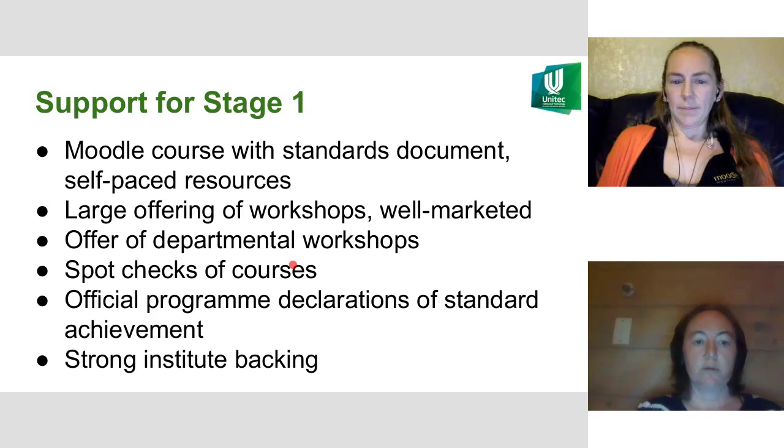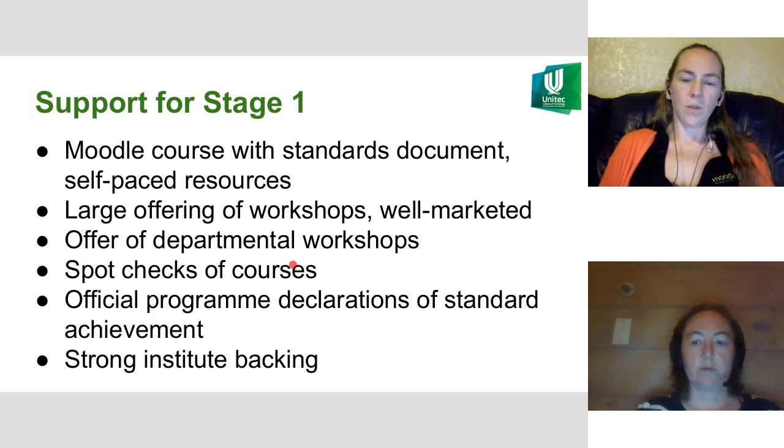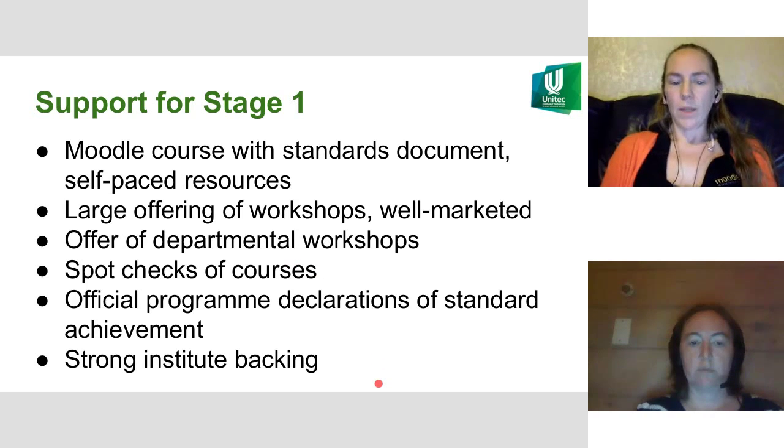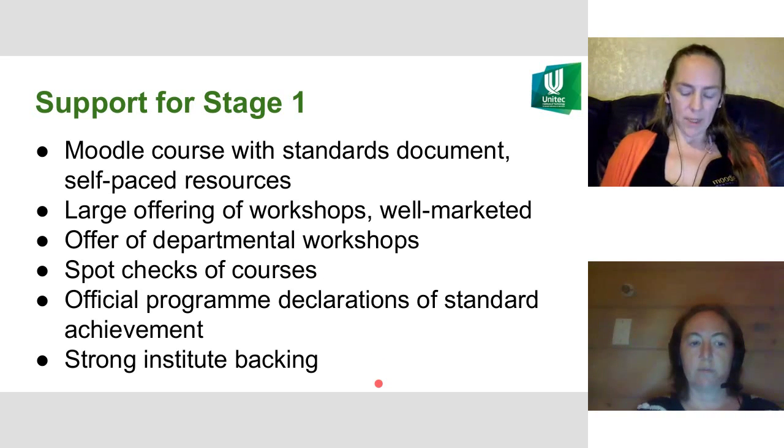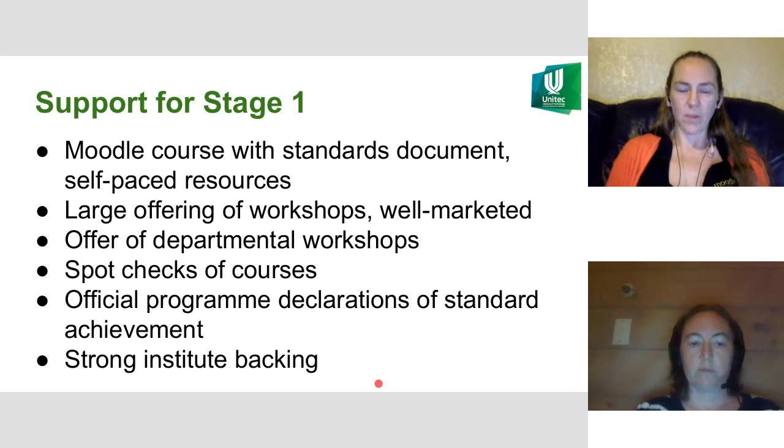So we also had the Moodle course, which we've provided a link to, to give people documentation and self-paced resources that we already discussed a bit earlier on. We did some spot checks. We looked at 50 courses to see how well people had gone with stage 1.